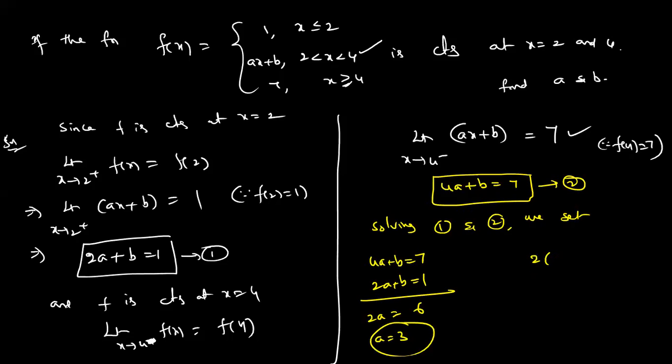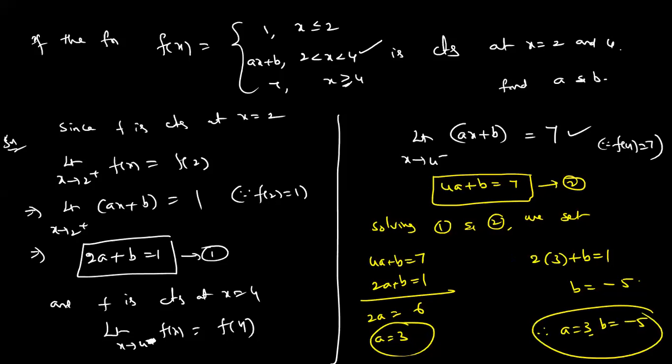A is 3 means b is minus 5. So a is equal to 3 and b is equal to minus 5. These types of models are very, very important. Getting clarity on this one?